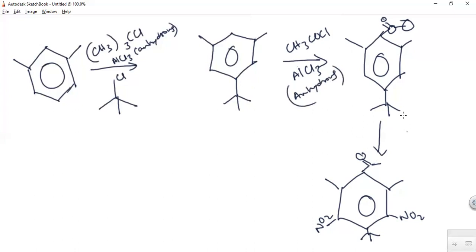Now in the next reaction, in the next reaction, what we have is 2 nitro groups added, isn't it? So see, this is actually what? Nitration of benzene.